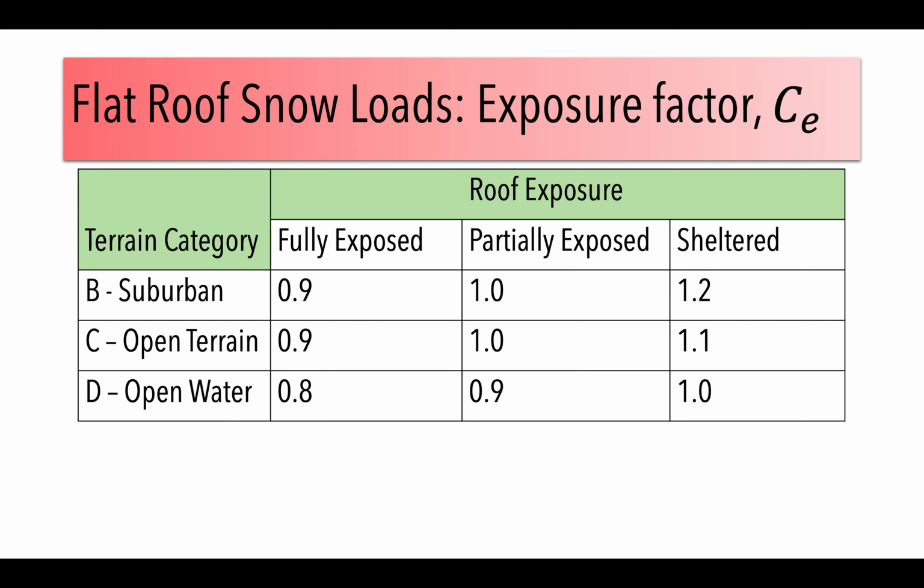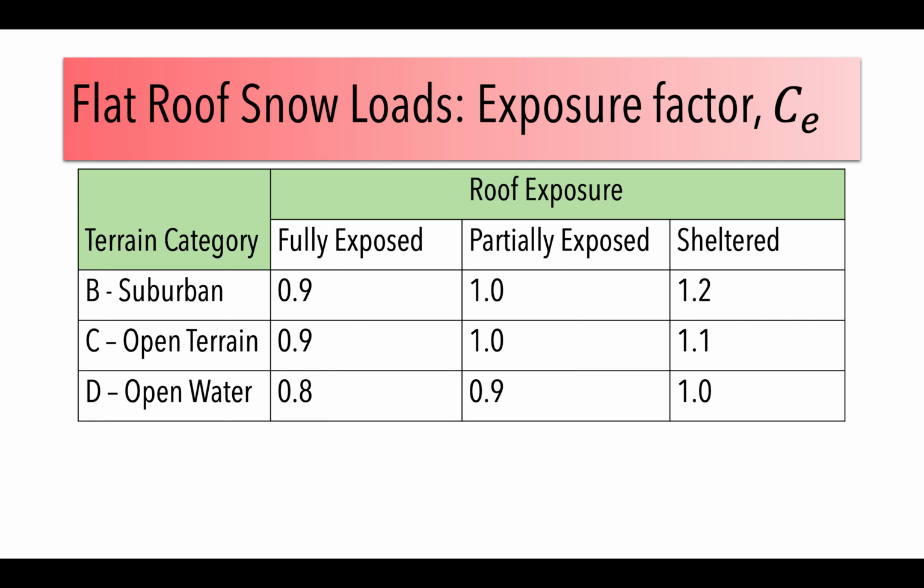Next, these are the exposure factors that we use in our snow load calculation. You can see we basically have three types of roof exposure, which is fully exposed, partially exposed, and sheltered. And then depending on the terrain category, you'll have a different factor.